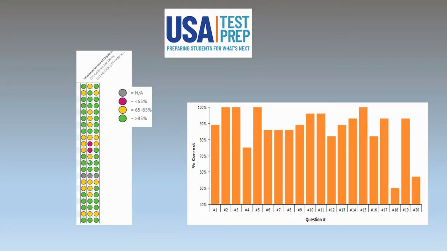A pink circle would be something that I would be a bit more concerned about. Gray just means they haven't completed it at all yet. I can also do individual item analysis on each individual question, which is really helpful for me to identify areas that might need reteaching or individual students that might need some one-on-one individual instruction.